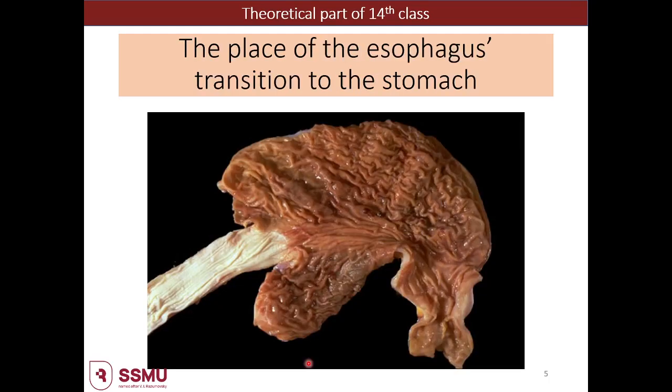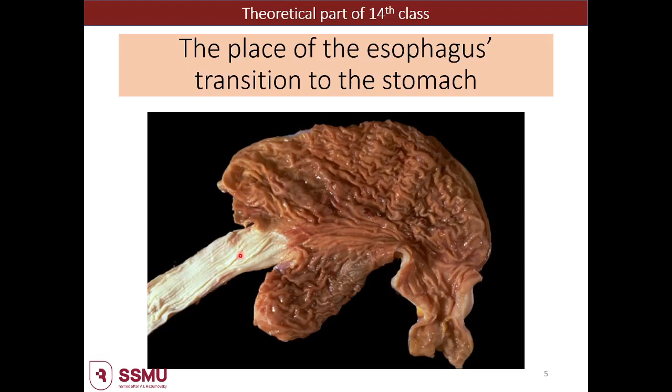Macroscopically, we may see the esophagus here and its connection with the stomach. In this part of our body, we may see a very important valve, the cardiac valve of the stomach, which in normal condition should protect us against regurgitation of acid into the esophagus.